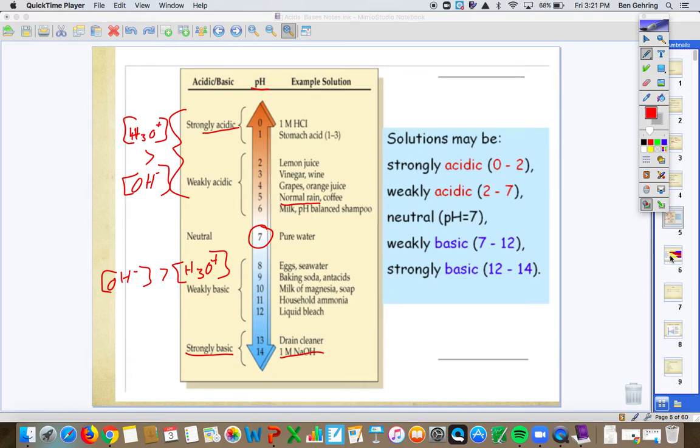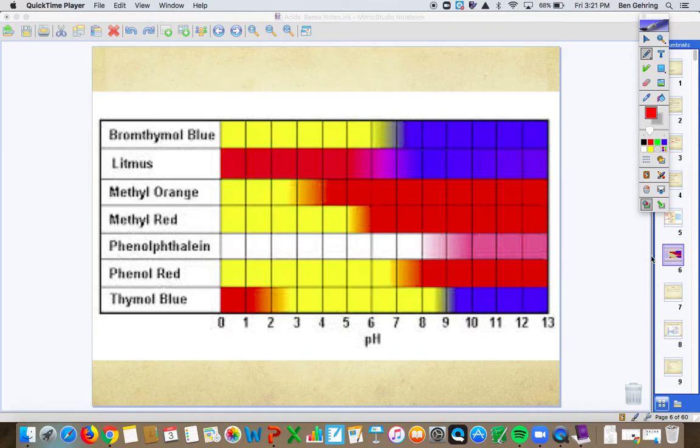To determine pHs on a rough scale, we can use what we call indicators. In lab, we're going to look at some of these. I use a lot of phenolphthalein. Phenolphthalein is an indicator that tells you the pH of a substance. If your substance remains clear, looks like water, that substance has a pH of somewhere between 0 and roughly 8, give or take a little bit.